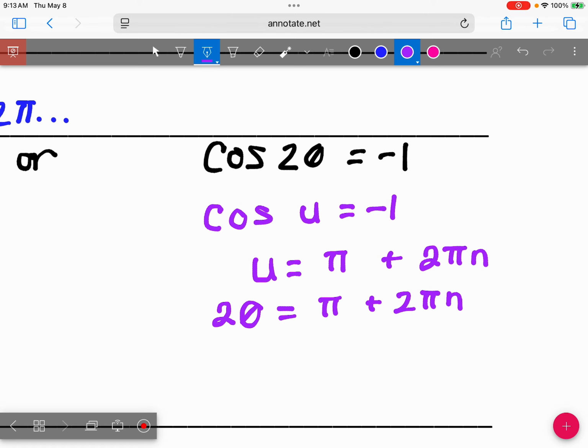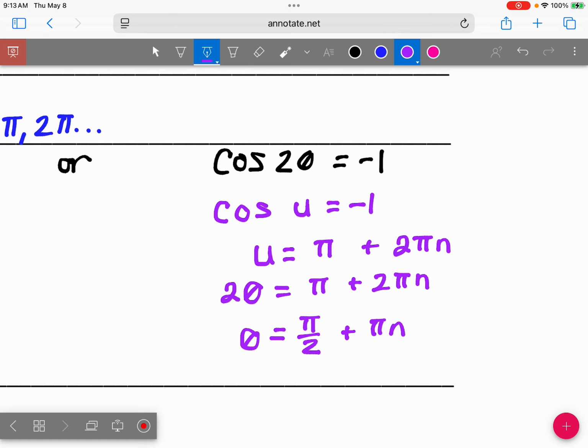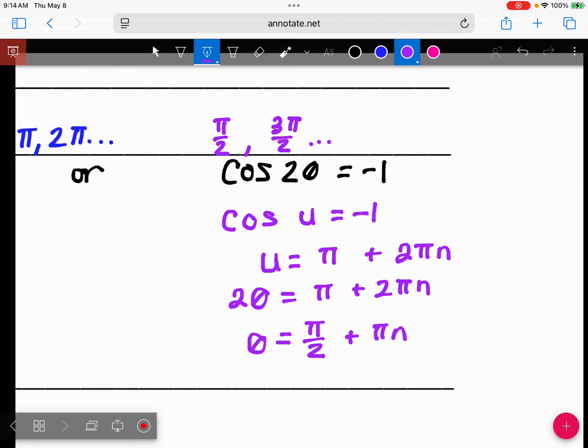What's up? So it's going to be pi over 2 plus pi. Yep. So our theta is going to be pi over 2 plus pi n. So when we have our pi over 2, or our 3 pi over 2, or 5 pi over 2, but that's outside our interval. So this does keep going, but we don't need any more values than that.